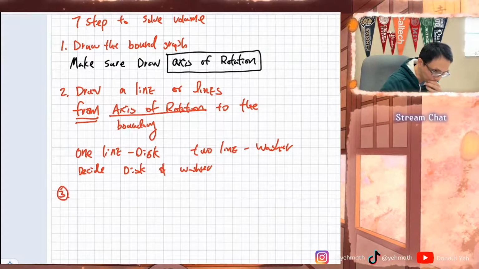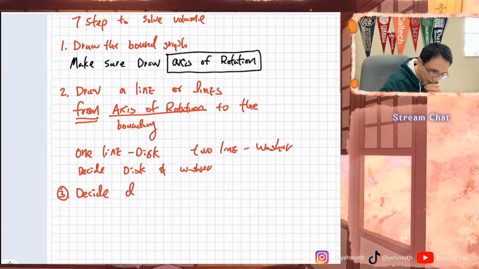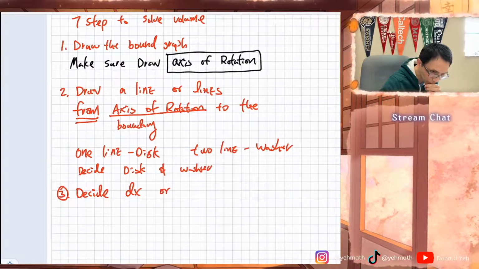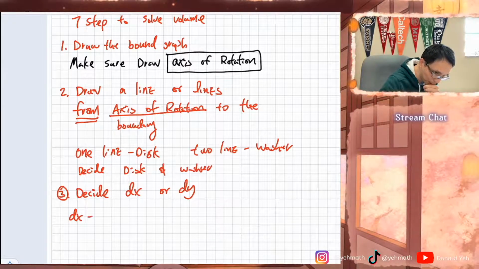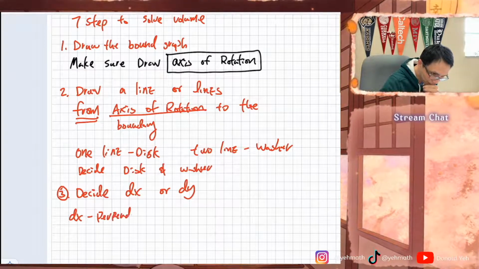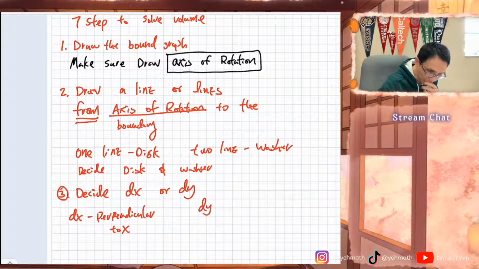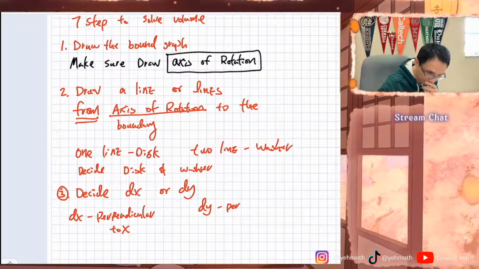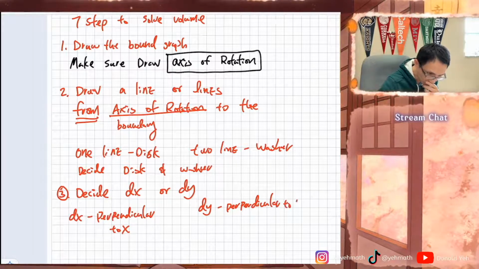The third step is you're going to decide dx or dy. So dx usually means perpendicular to the x-axis, and dy usually means perpendicular to the y-axis.